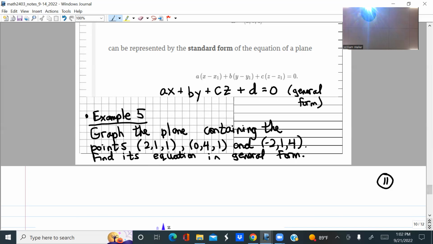All right. So look, how are we going to do this? Oh, by the way, if I only gave you 2 points, and said write down the plane that contains these 2 points, you would have an ambiguous answer because there are infinitely many planes that contain 2 points.